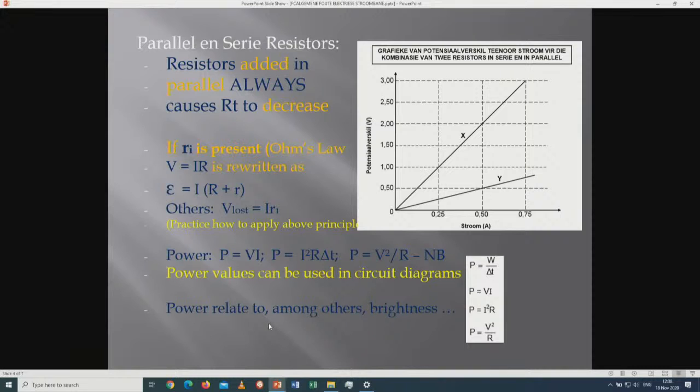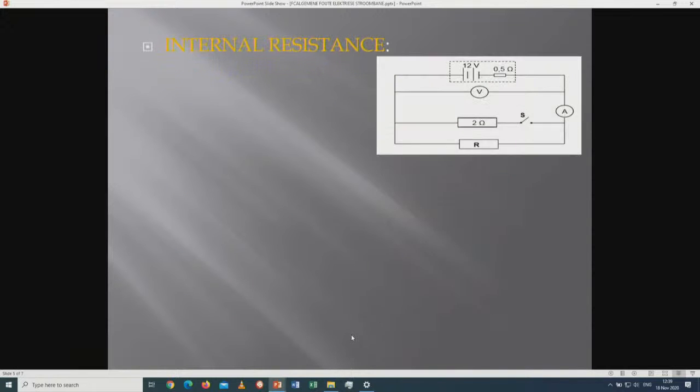In general, power relates, for instance, to brightness, and it is maybe not specifically relevant here, but maybe in multiple choice questions. Remember, the brighter a light is burning, the higher the power is. So if the power drops, the brightness of the bulb will drop. So maybe that can be of some help to you.